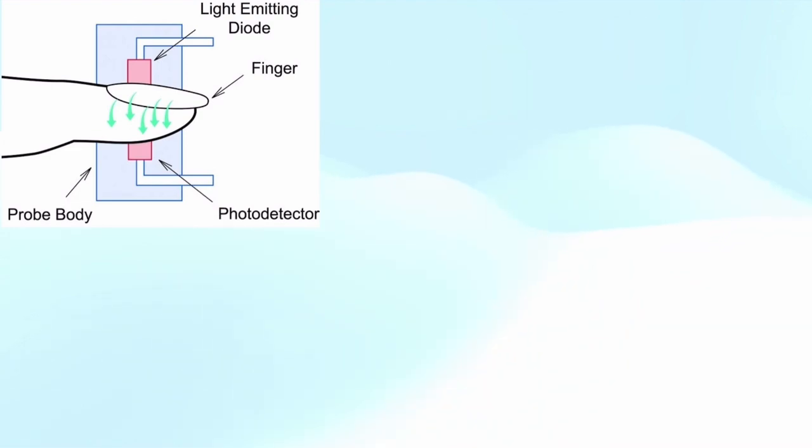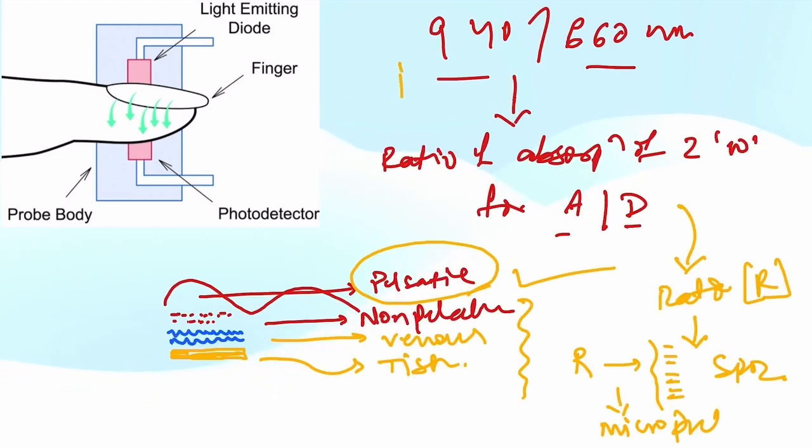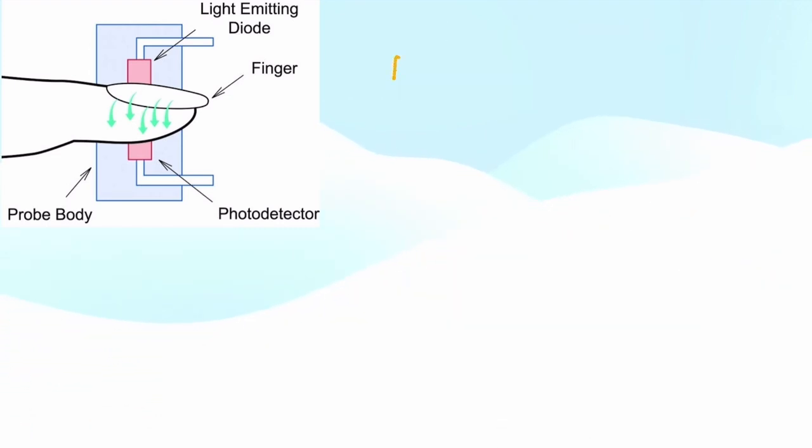So let us take an example in which we get a particular R value. Let us consider the R value for some particular wavelength is 1. Then it corresponds to an SpO2 value of around 85%.